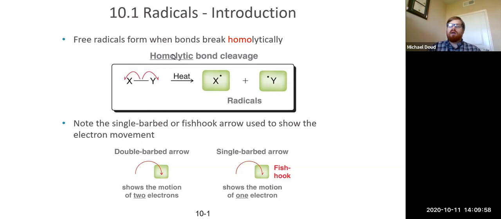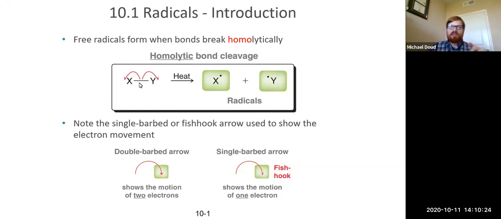Now, when a bond cleaves homolytically, basically one electron from the sigma bond here that contains two electrons, so one of these two covalent electrons, is going to go with each atom. So when we want to represent that, rather than showing a pair of electrons moving, instead we're going to have what's called a half arrow or a fishhook arrow, which looks like this.